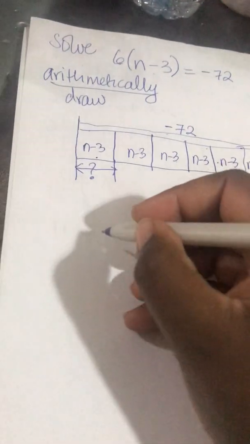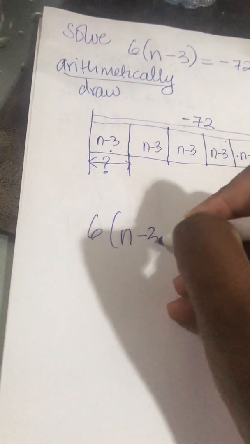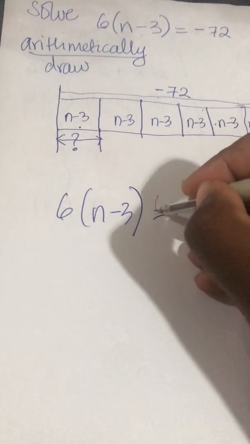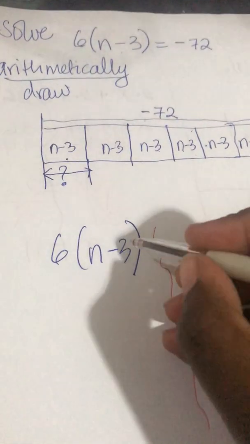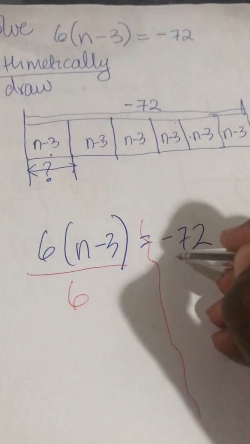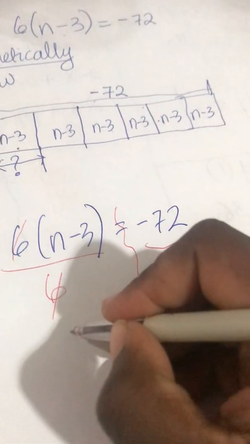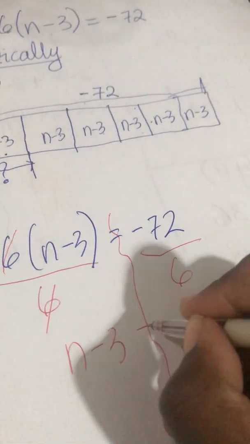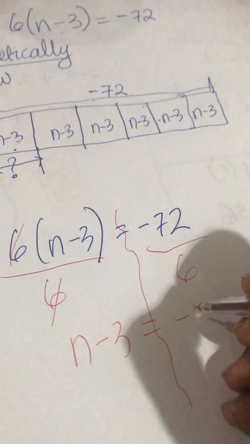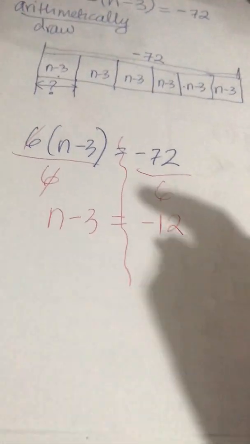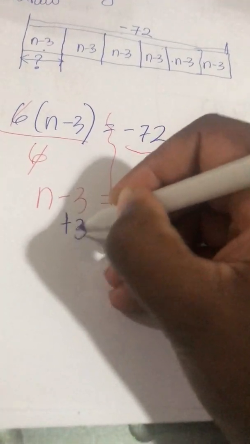Now let's solve it algebraically. So we'll do 6n minus 3 equals negative 72. Draw your bridge so that you don't forget. Divide both sides by your coefficient. So this 6 and this 6 go away. You're left with n minus 3 equals negative 12. Then you will do addition property of equality.